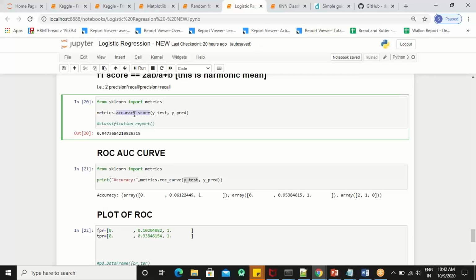That accuracy can also be calculated using this function. In the metrics module, you have the accuracy function, so you can calculate that the accuracy of this model is somewhere around 94%. But it may not be right, we have to check further.